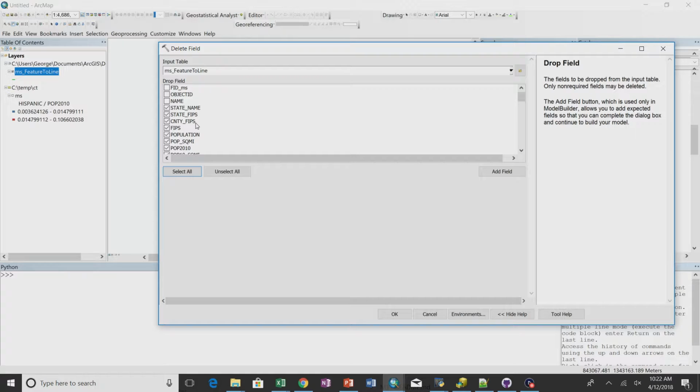We all know they're all in Mississippi, so I don't need to keep that. I only need one of these. I don't know which one's more important. I'll keep the object ID, and then I want to keep the high-low field for the Hispanics that we calculated for the Hispanic population. So I'm keeping object ID as a unique ID reference, and keeping name, and I'm going to say okay.